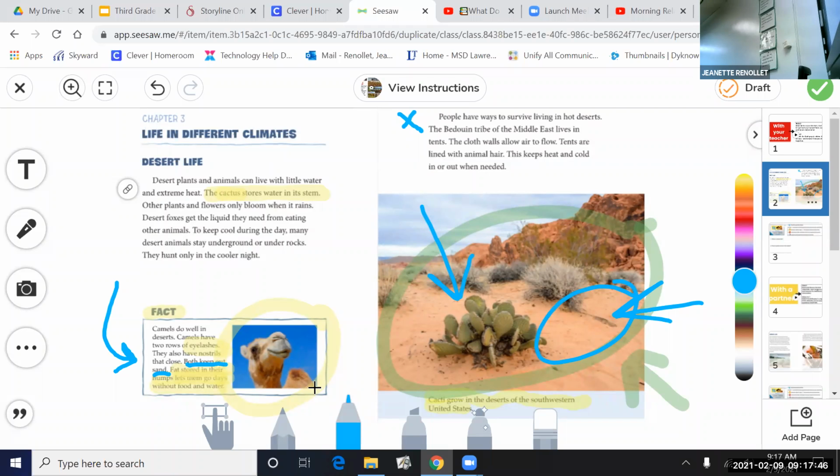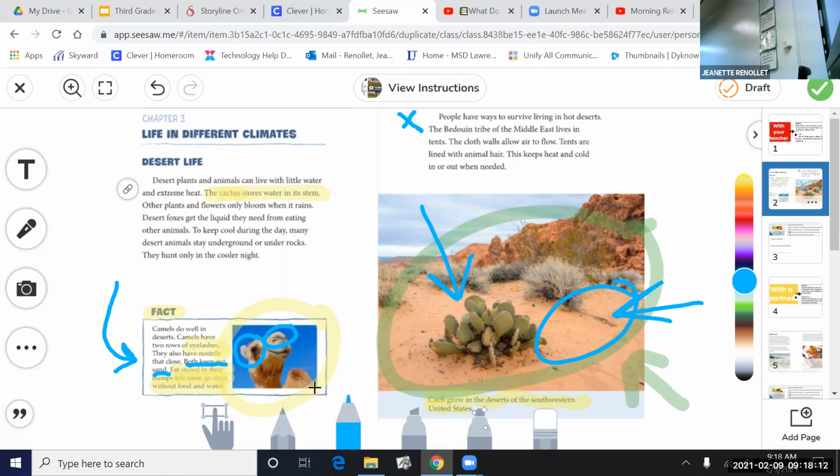So camels have eyelashes that are really long and extra. They have nostrils that close. You don't want to breathe in sand. It's like getting dirt in your eyes and your nose. Yucky, right? So we know that animals have adaptations that help them survive.